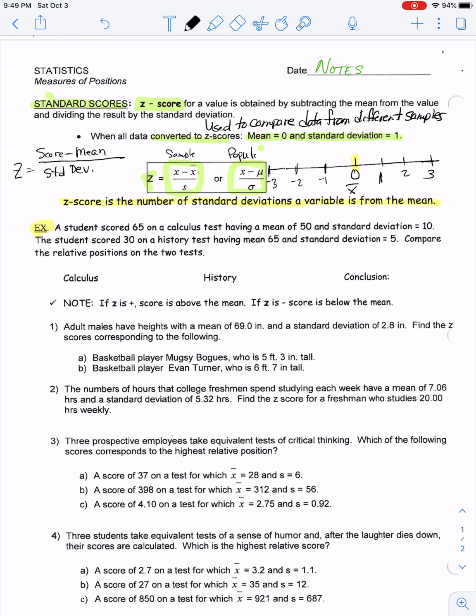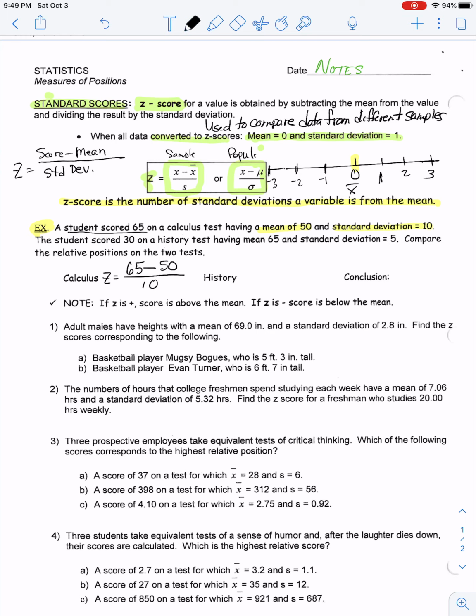For calculus, we'll start with a z-score. What was the student's score? The student scored 65, minus the mean on that test, 50, and then you divide by the standard deviation, which is 10.